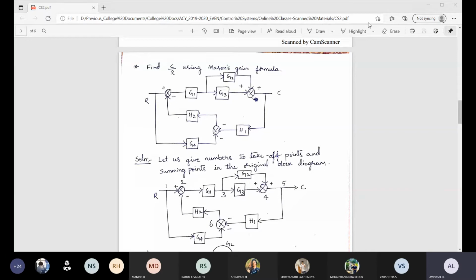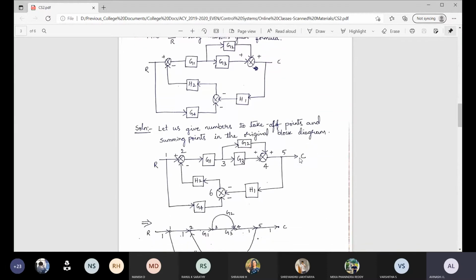Have you all taken the diagram? Yes, sir. Very good. So now once you take the diagram, what is the first step?